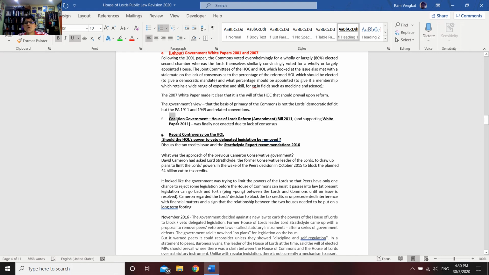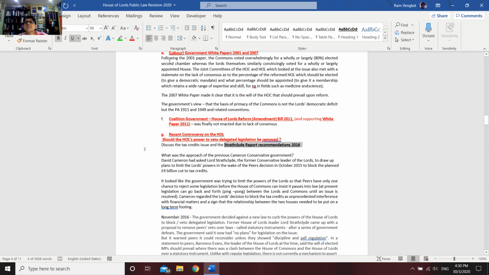And then we fast forward and we come to the coalition government. And that was 2010 to 2015. Again, there was a lack of consensus and nothing happened there. Which brings us to the recent controversy, and this is why this area has now become examinable again because of this.